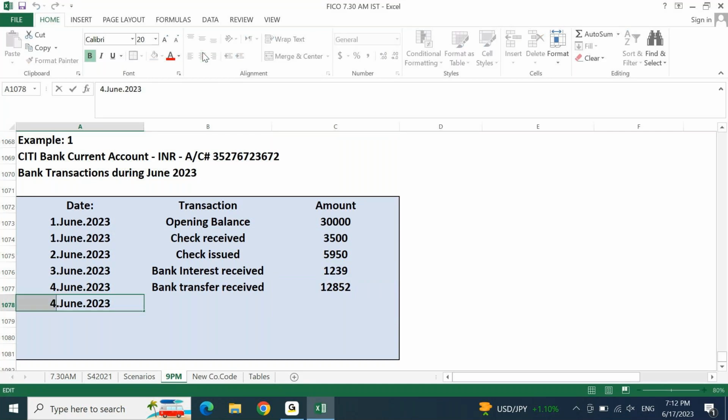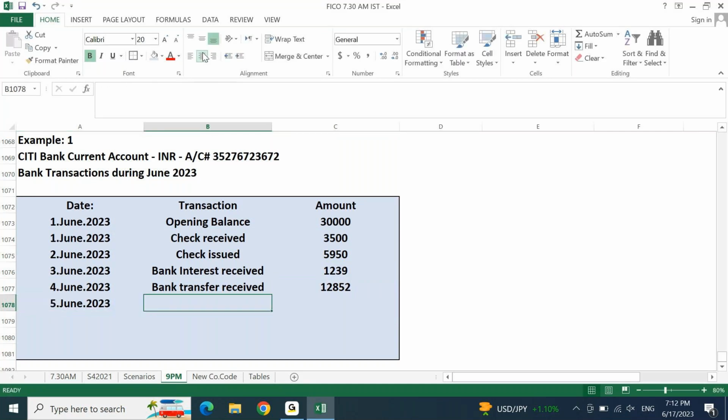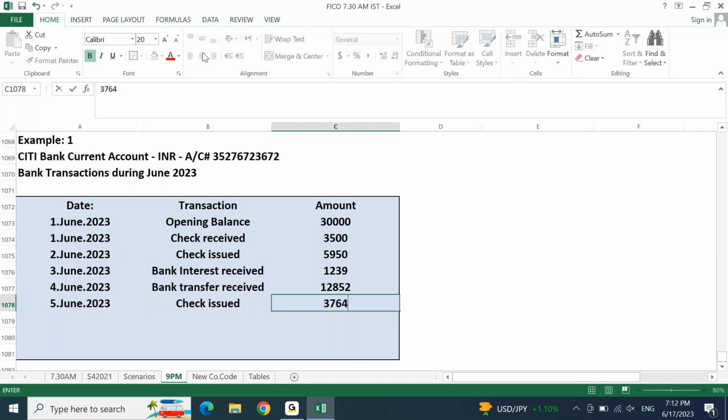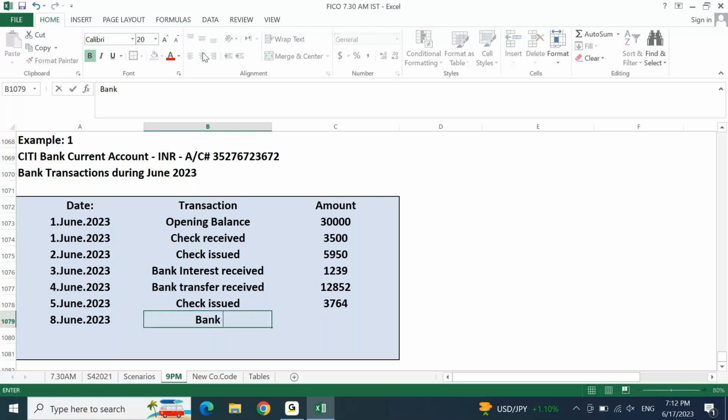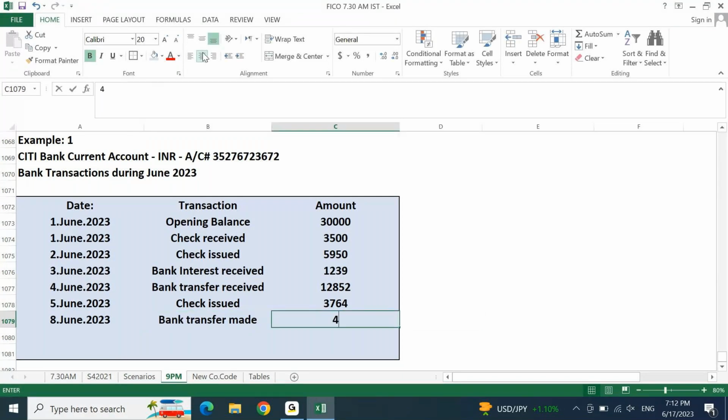Next, on 5th, let me put check issued 3,764, and on 8th, let me put bank transfer made 4,800.